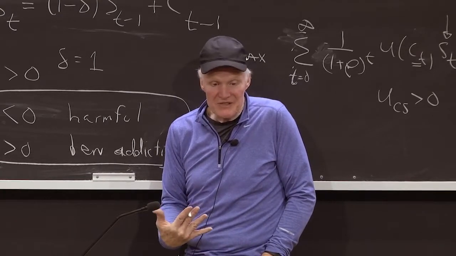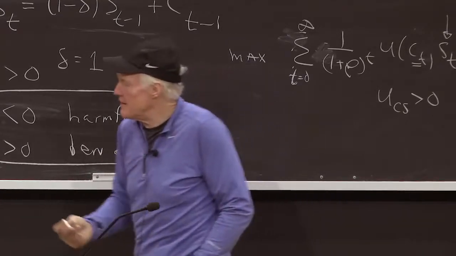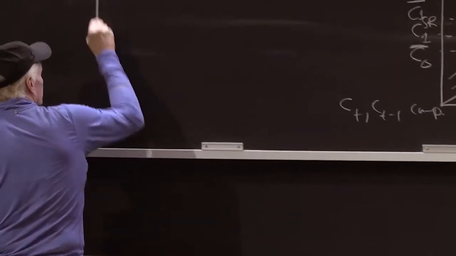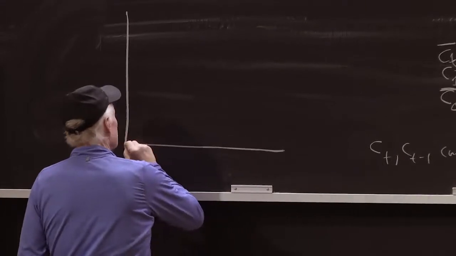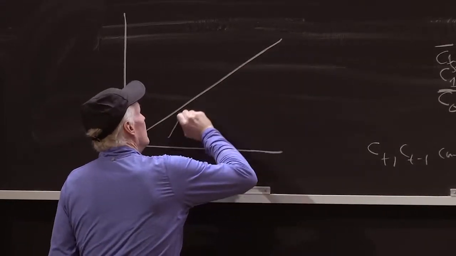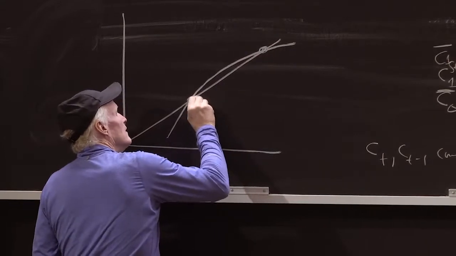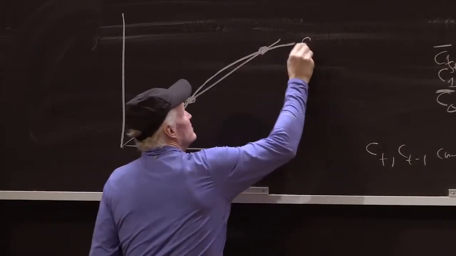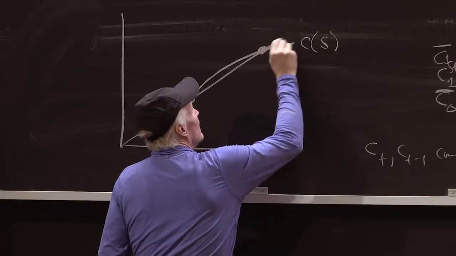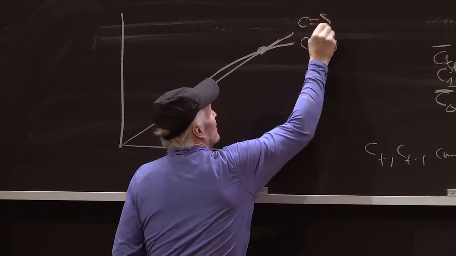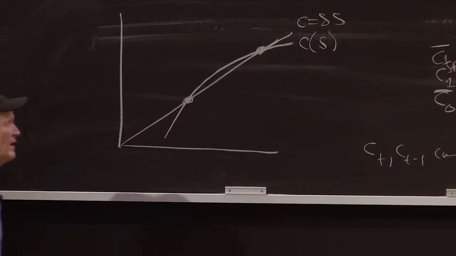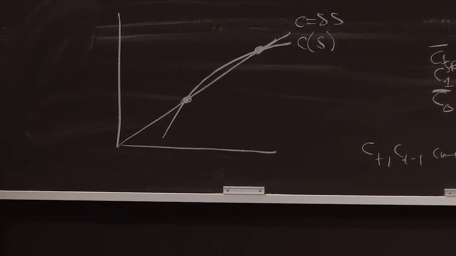Now, one thing that's interesting that can happen when you get an addictive good is these curves can be so upward sloping that you might have a picture that looks like this. So this is C of S. And this is C equals delta S here. Now, how is consumption going to behave in this world?